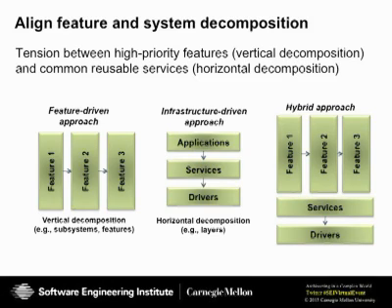So the organization first looks at how to architect the system and then lays the features over them. What we've seen is succeeding organizations actually are those that can balance both the infrastructure-driven approach and the feature-driven approach.